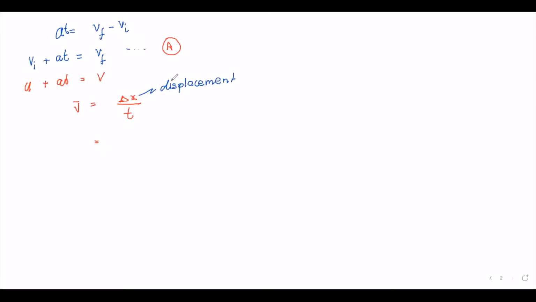So from here, we can say displacement, delta x, is equal to V times T. Now, the distance that a plane can take is just the product of the time that it takes and its average velocity.